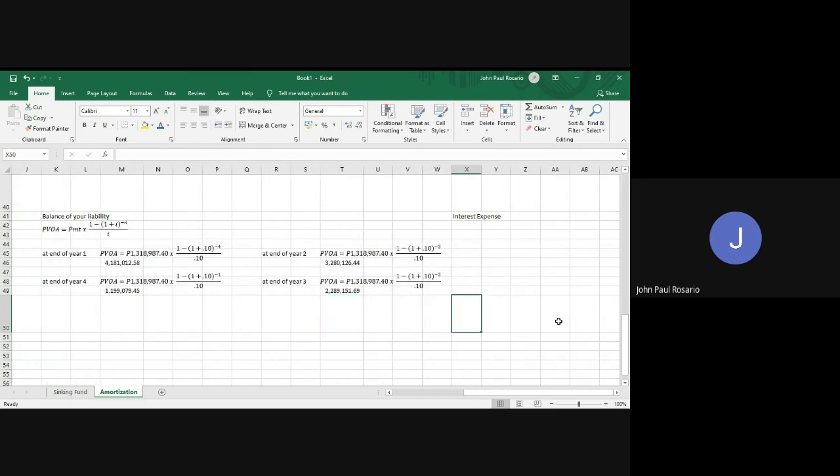Okay. Now, what if the question is interest expense? So what is the interest expense, for example, at year 1? At year 1. Okay. At year 1, it's simple, no? So how much is your balance at the beginning of year 1?